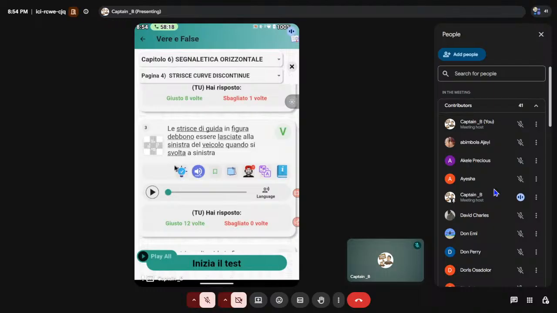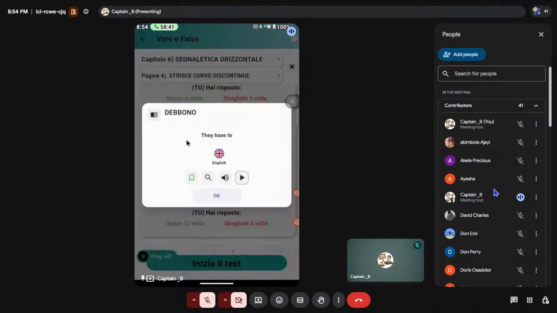Number 3. Le strisce di guida in figura debbono essere lasciate alla sinistra del veicolo quando si svolta a sinistra? Yeah? Listen. Le strisce di guida, meaning the white driving line, in figura, debbono, which means we have to, okay?